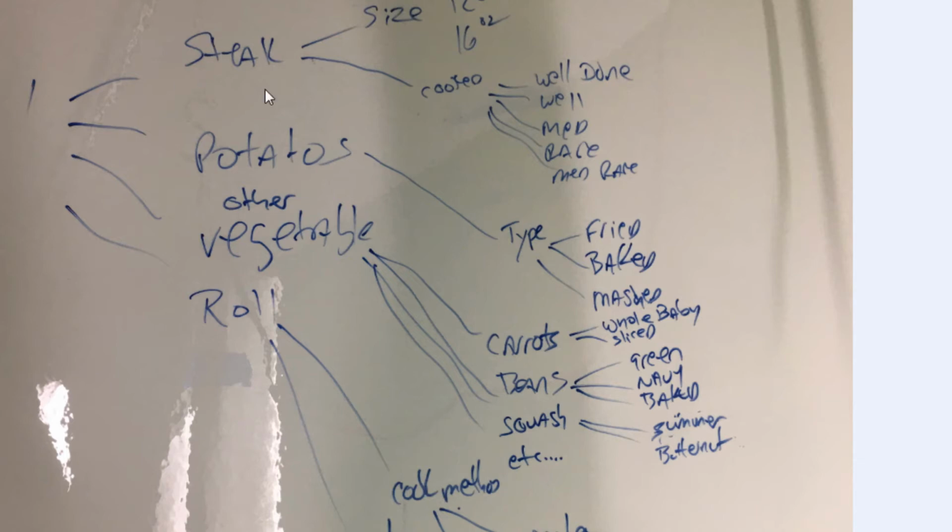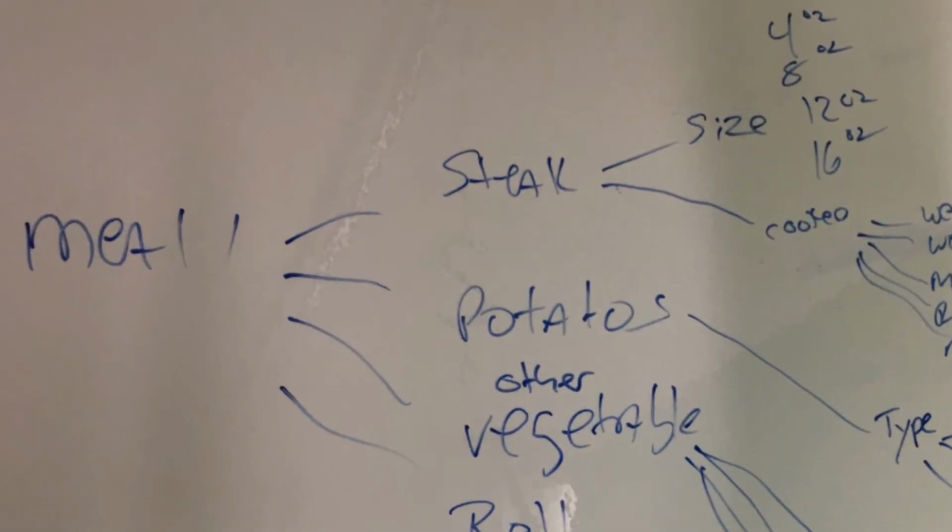We've got meal 1, steak, potatoes. So actually, yeah, it would be in front of meal. So meal would then become a child. And up here somewhere, I would have the menu, and then meal 1, meal 2, meal 3 would simply be spider arms in the same way that this is. And then I want to apply that to products.